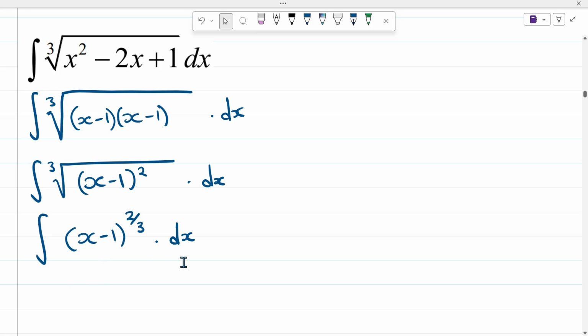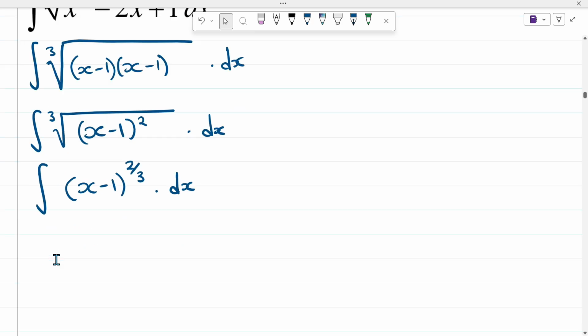Then from here you can see that we can integrate using the general power rule, because if we let x minus 1 be our function, then the derivative of x minus 1 with respect to x is 1, and we already have the 1 here.